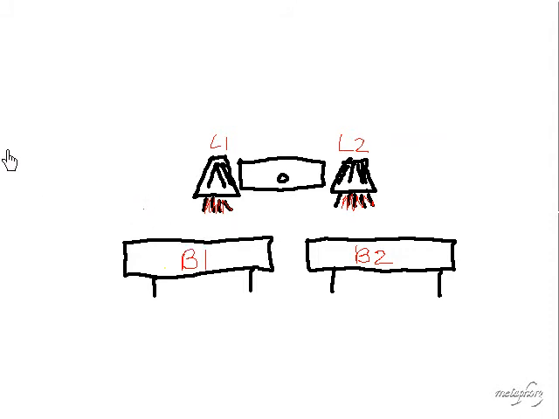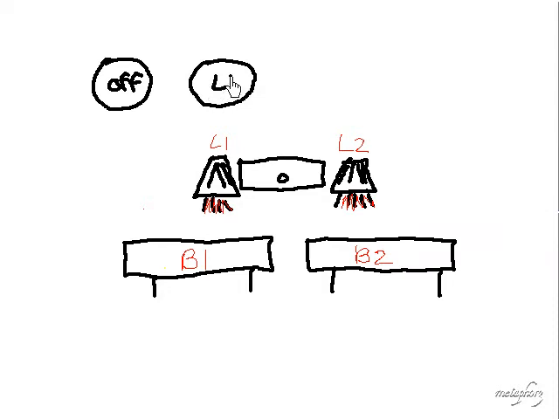So what we can do is draw a finite state machine for this as follows. We'll go ahead and just draw it up here. We'll say that we have a state off, and that's when both lamps are off, and then we have a state when L1 is on.